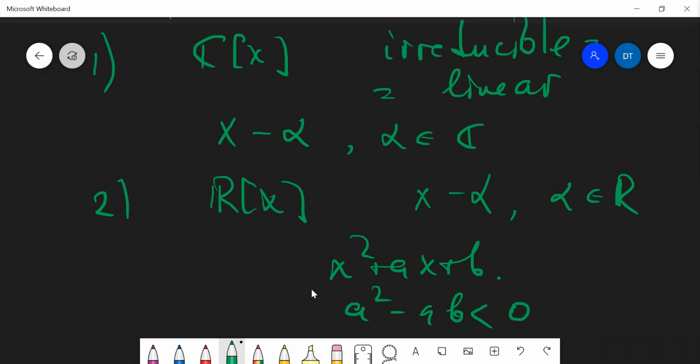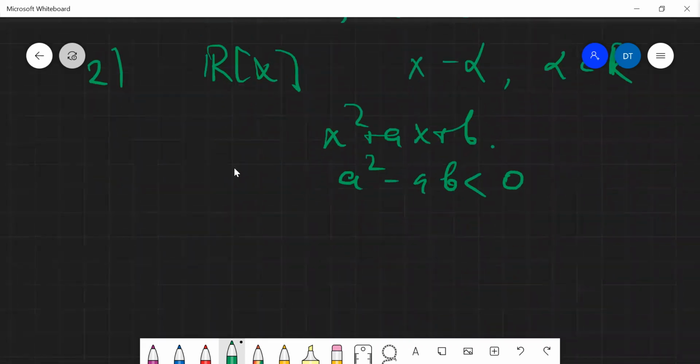And if you take something like Q of x, then there are a lot of different irreducible polynomials. It's even hard to describe all of them. But what is important in this case is that for each natural n, you have an irreducible polynomial of degree n.